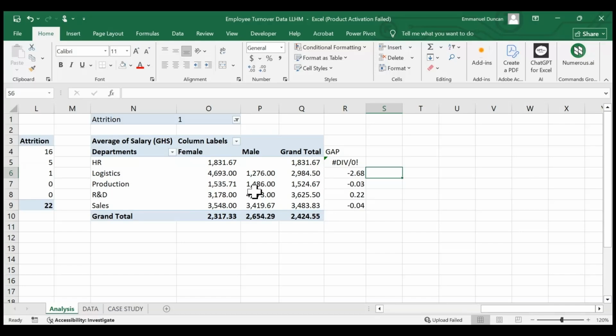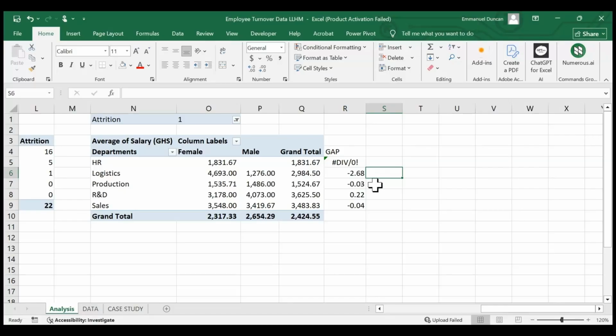We have logistics, almost 200% favors the female, and with the production, you realize that among those who had left, 3% of the salary actually favors the female, and with that of the research department, 22% from the table favors the male. Then with the sales department, 4% favors the female.